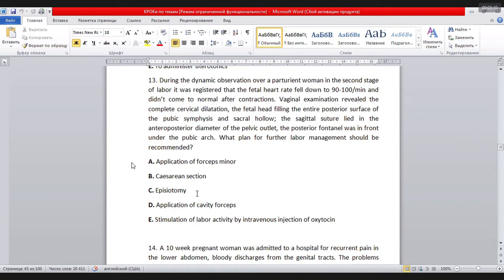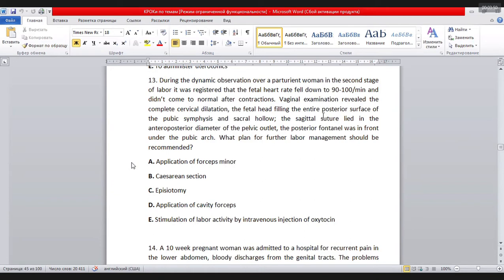Caesarean is impossible, because the fetal head is in the pelvic cavity. Episiotomy doesn't give us any effect. Application of cavity forceps, no, because the fetal head is on the pelvic floor. Cavity forceps is for high localization of the fetal head. Usually, guys, if the fetal head is in the cavity, in the wide or narrow part, they give you sagittal suture in the oblique diameter of the pelvis, not anterior-posterior.